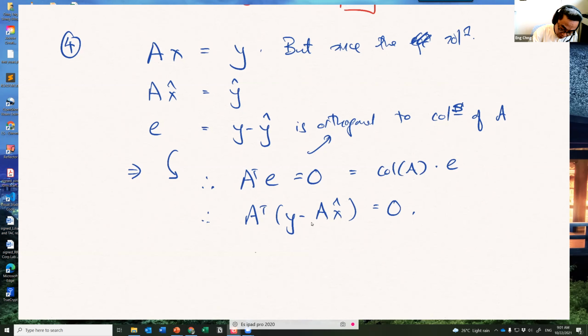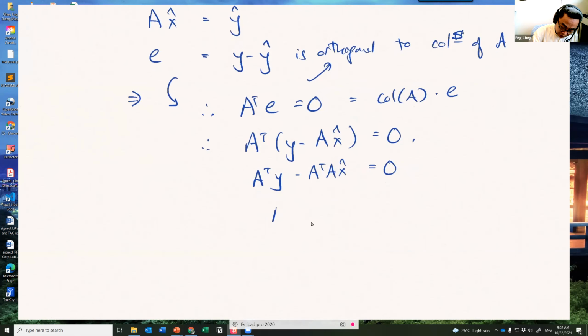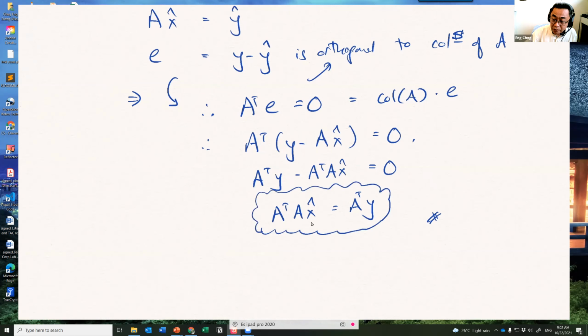So now we arrive at the famous equation, the normal equation. We always put this on the left-hand side and this on the right-hand side. We can always solve this equation, and that's very nice.